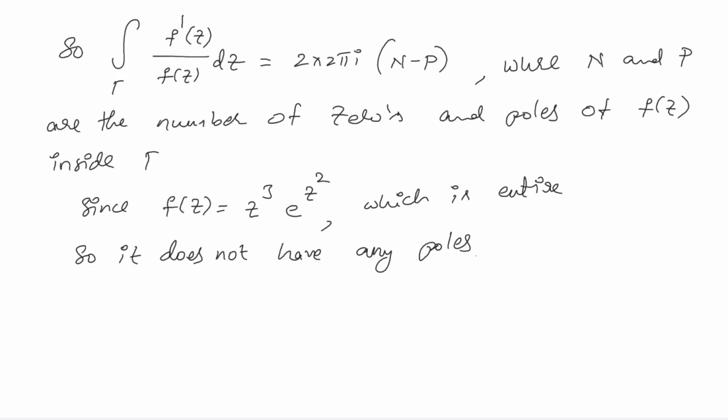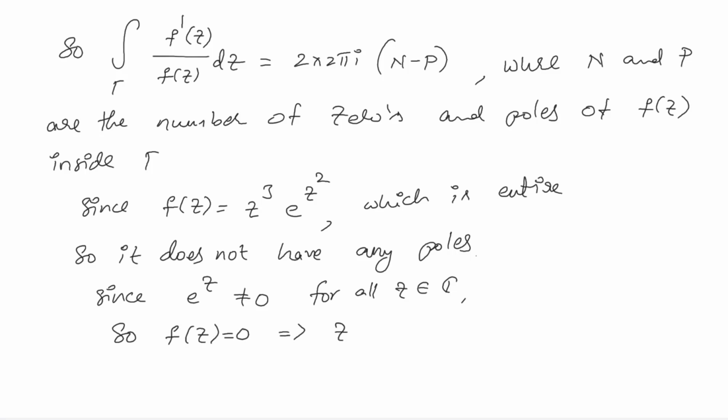But the question here is, what is the number of zeros? Since the exponential function is never zero for all z belonging to C, f of z equal to 0 implies z cube equal to 0.